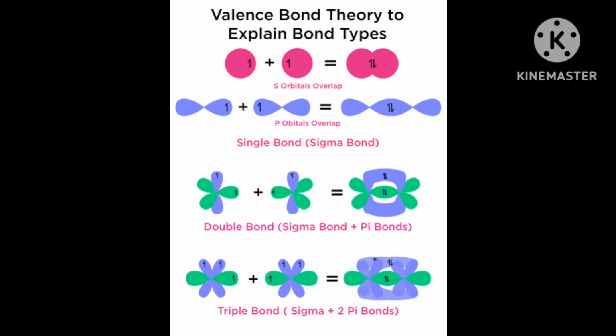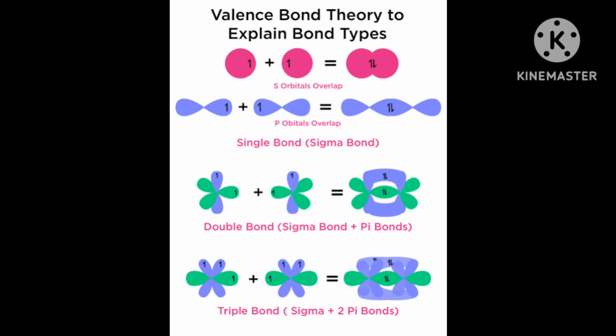Bi means 2. Now if the coordination number is 6, means 6 bonds are there. The ligands have made 6 bonds with the central metal ion. Here again 2 cases are there.